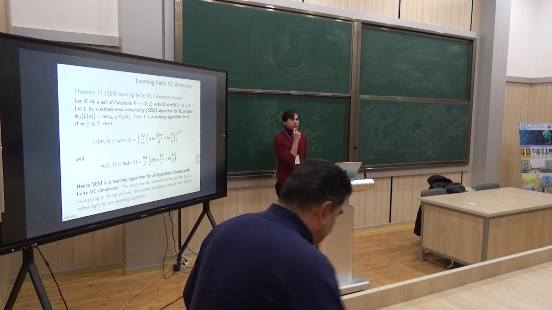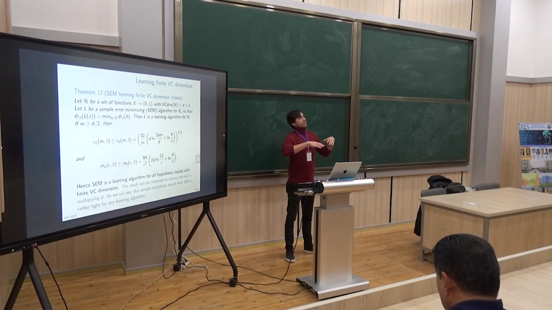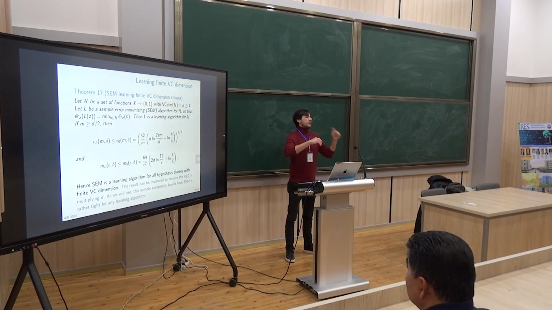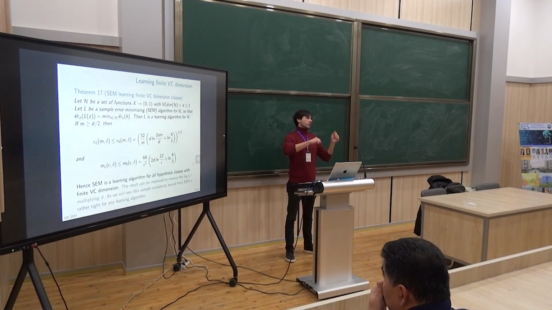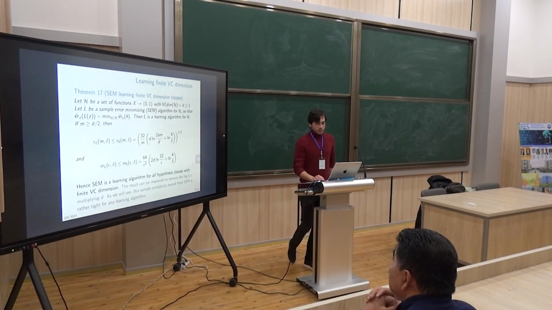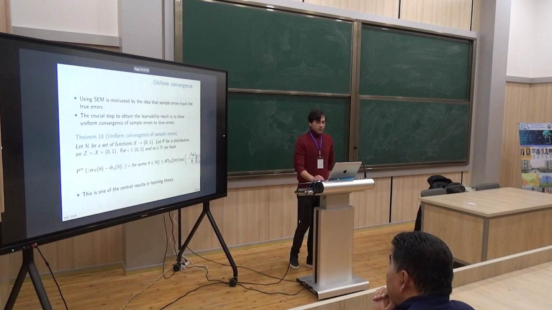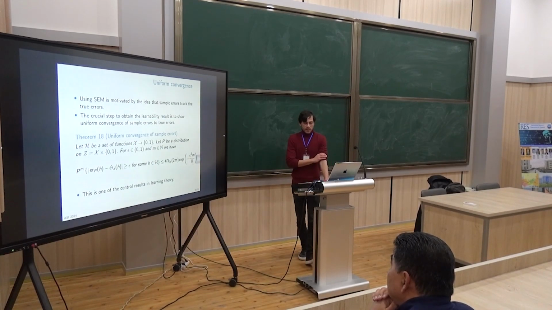Because what we're saying here is that if you have that many data, you can ensure that you're going to be able to pick the hypothesis that is close to optimal, but is that also necessary? Is there a lower bound for the amount of data that you need to be able to do that? And as a matter of fact, yes, and I will show you that in a moment.